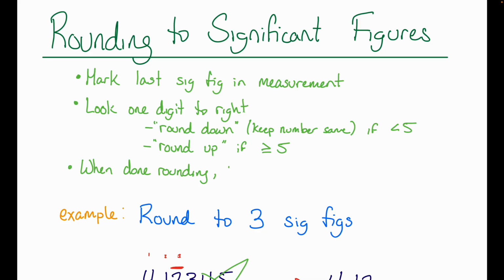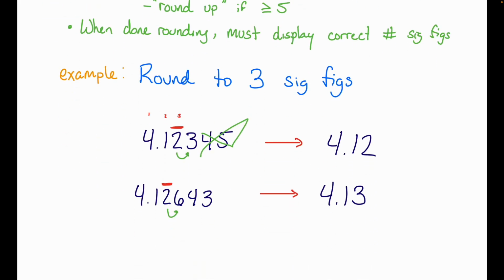So when we're done rounding, we must display that correct number of sig figs. Now here I'm arbitrarily telling you 3 sig figs. We'll have this logic behind how many sig figs we choose, but just for the sake of practice, let's keep it at 3 sig figs for right now.